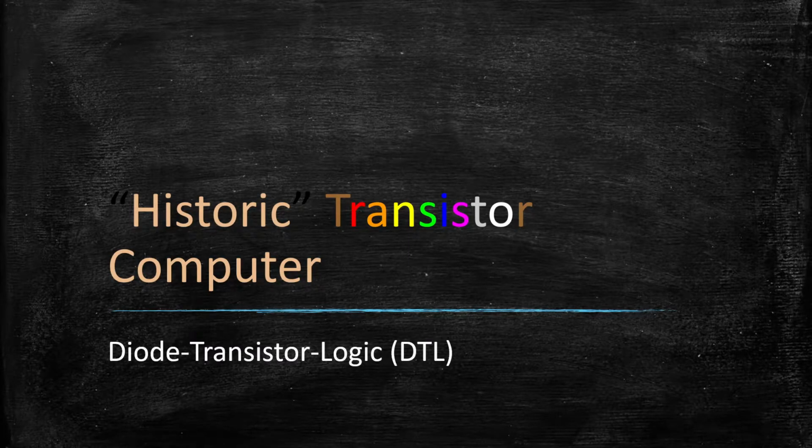Hello, everyone. So, in the last episode, we were looking into the history of computers. Well, at least we skimmed over it to some extent to get some context for why we are building a historic style computer and what the purpose of it all is.